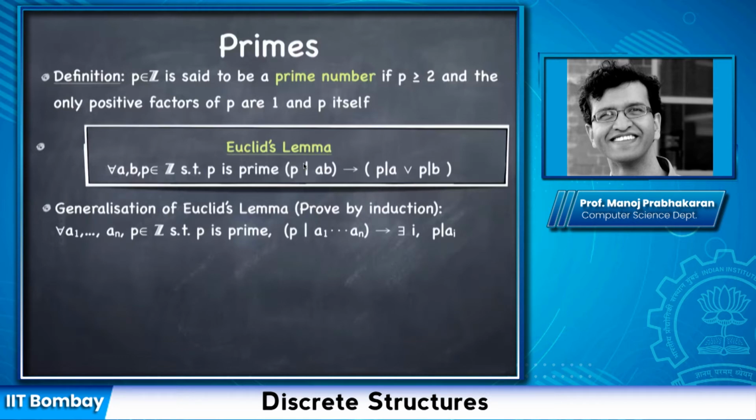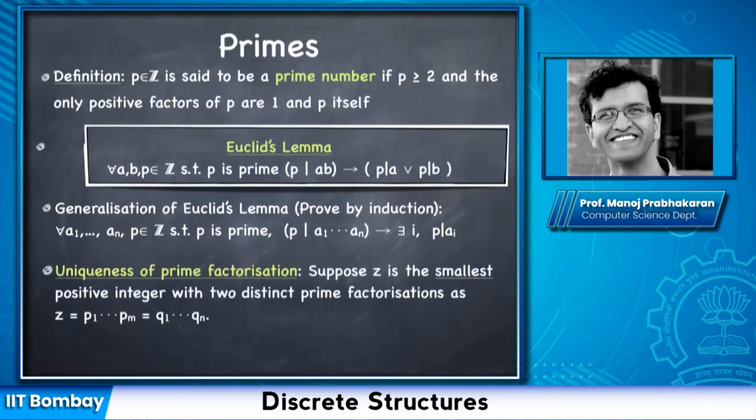But let me complete the proof of uniqueness of prime factorization now. Okay, so here's the proof. I'm going to use the well ordering principle to pick the smallest positive integer. Suppose the uniqueness is not true, then for the sake of contradiction, there is a non-empty set of integers which have distinct prime factorizations.